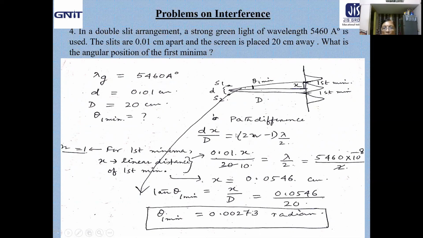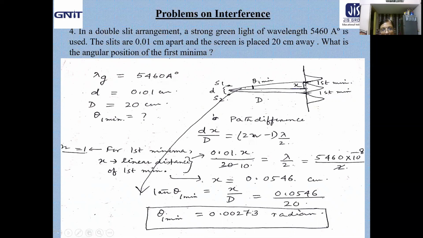Clear? Now, path difference expression we know that is xd by D, and since it is the case of minima, we are considering (2n minus 1) lambda by 2. You can consider (2n plus 1) lambda by 2, in that case n will be 0. But since I am considering 2n minus 1, I have taken n equal to 1 for first minima, and x is the linear distance of the first minimum with respect to the position of central maximum.